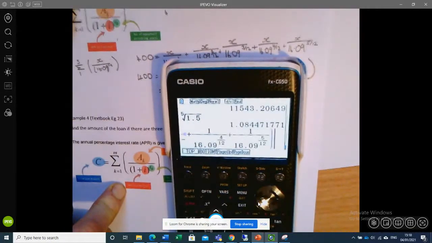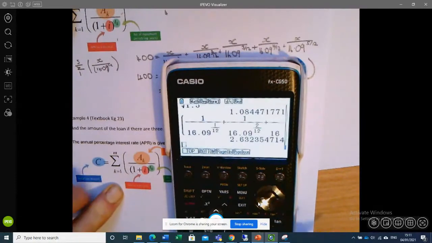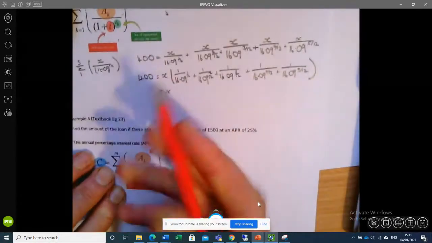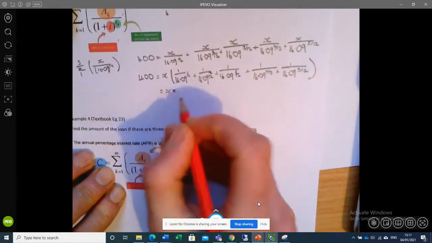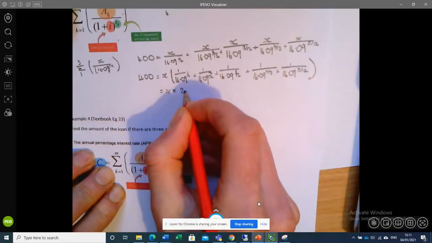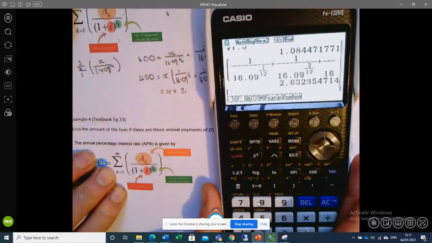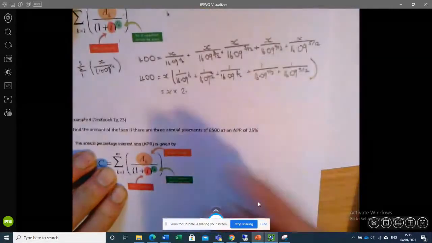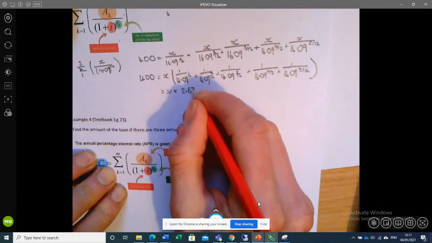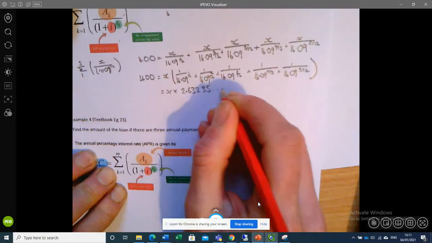Close those brackets and work it out, and it comes out with a nice decimal like that. So my x times 2.63235 dot dot dot dot.